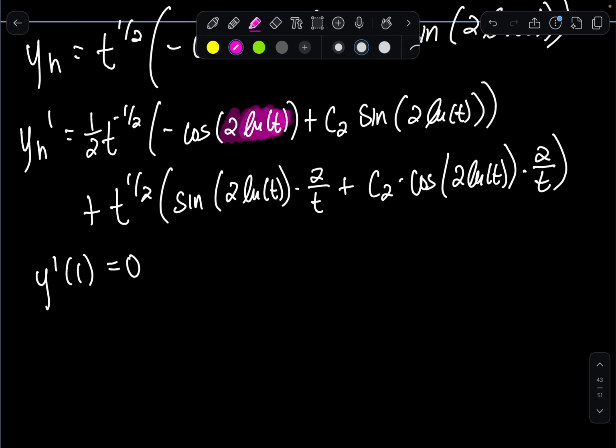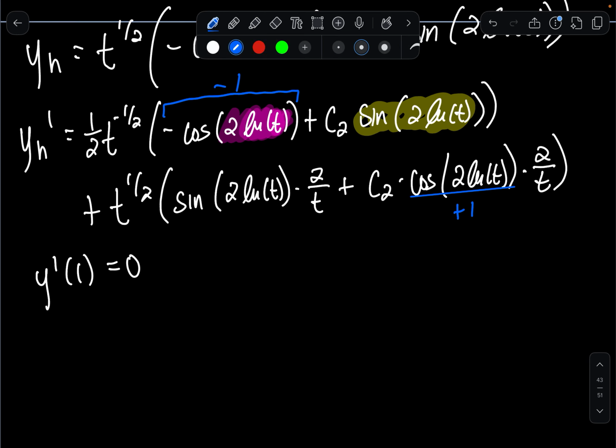The cosine of 0 is 1. So this whole piece right here is going to be negative 1. Similarly, this whole piece here is going to be positive 1. And remember that the sine of 0 is 0. So when we plug in 0 here, which will cause this natural log of 1 to be 0, this will be the sine of 0, and the whole thing is 0.